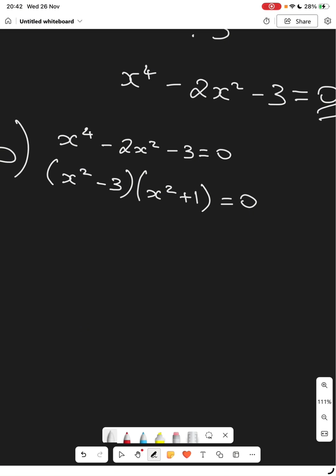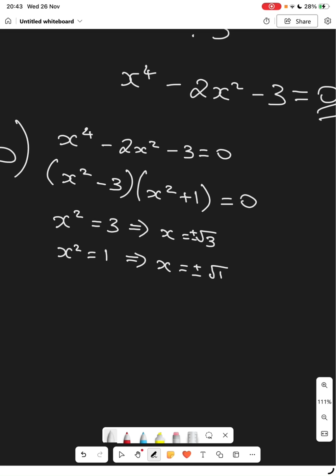So x squared equals 3 and x squared equals negative 1. So x would therefore equal plus or minus root 3, and plus or minus root of negative 1.